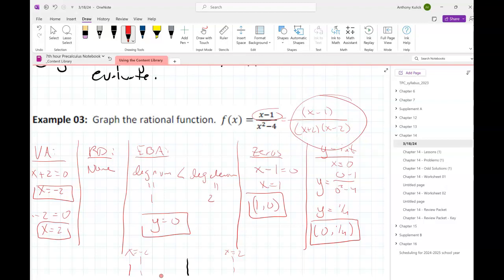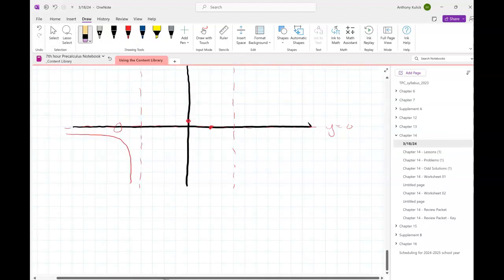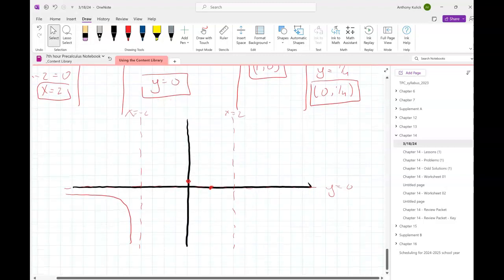Is everybody okay with what I did there? What does that tell me? I want the piece with the negative y coordinate. Now I know that part of my graph has to look like that, because I can't cross the asymptote.